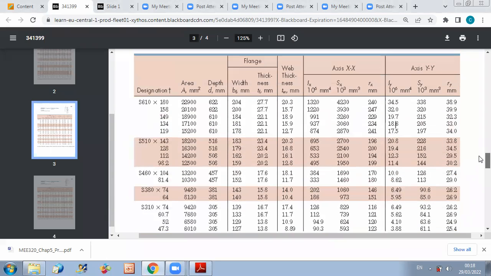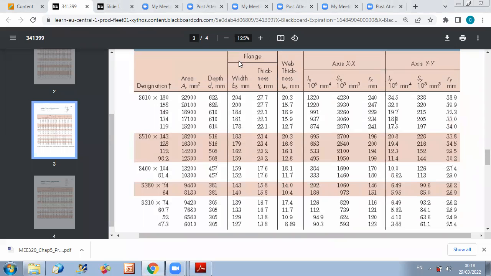So now, after you say the first criterion is to get S larger than 1,690, I should select between these the one with the smallest mass per unit length. So you should check now this number, because this number represents the mass per unit length. As you can see, 184 is larger than 98.2.